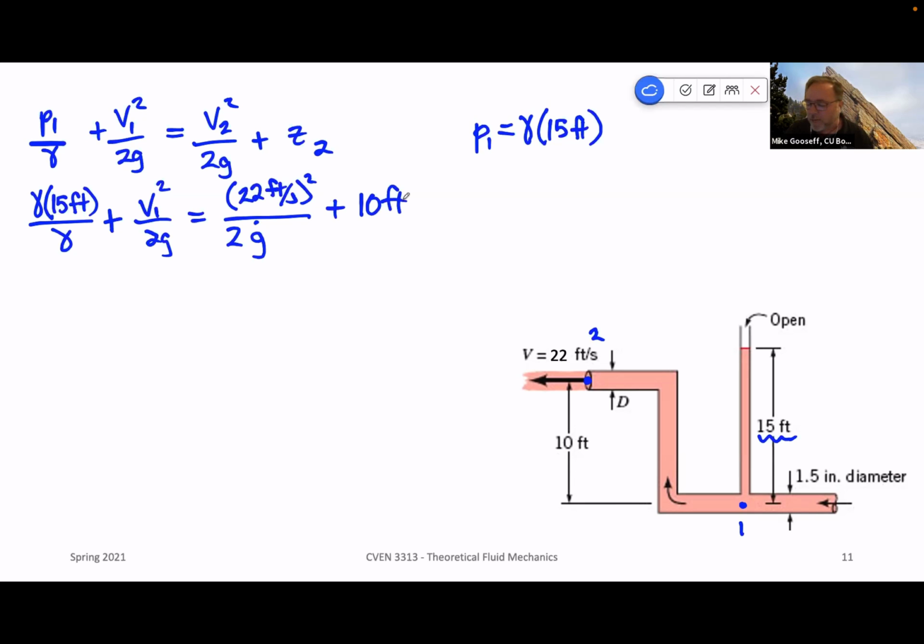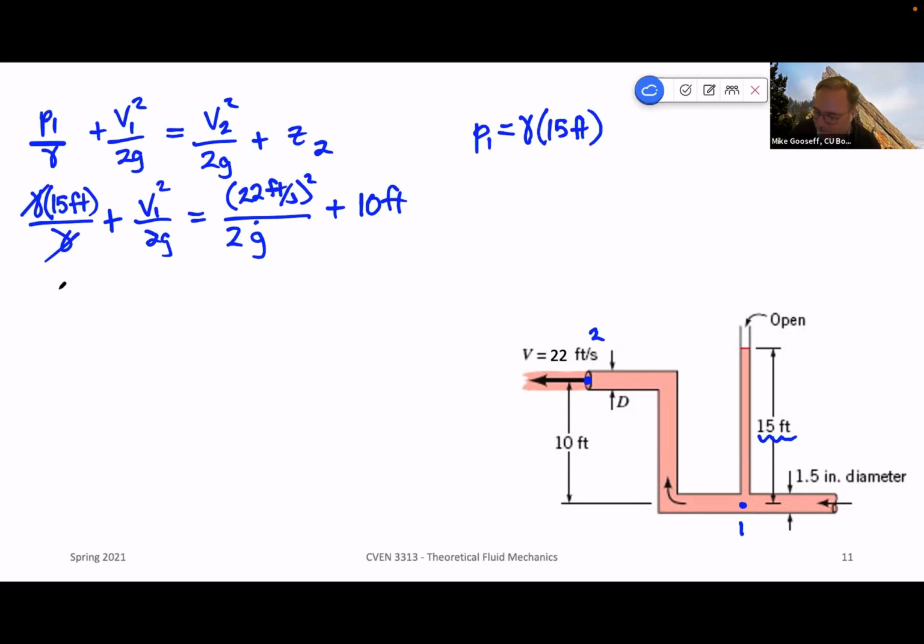So note that we can cancel out those two gammas because they're in the numerator and denominator of the same term. Now we've got 15 feet on the left. I'm going to move that over to the right, and I want these to all come down into lengths.